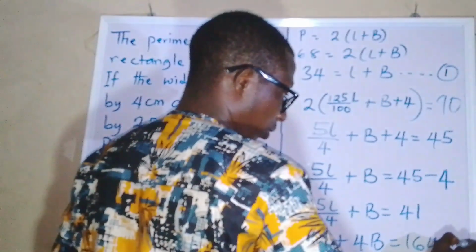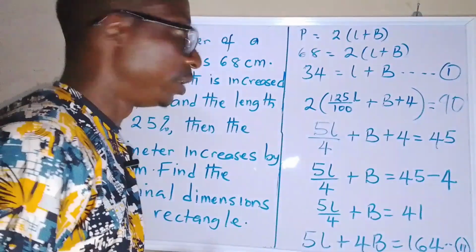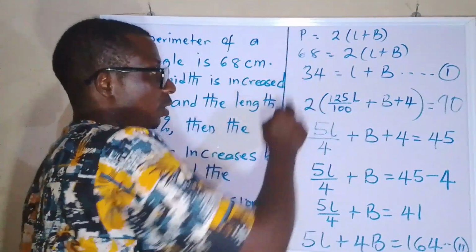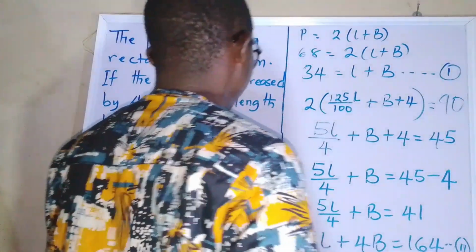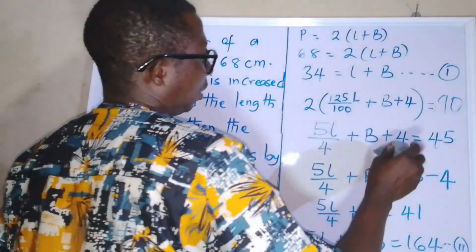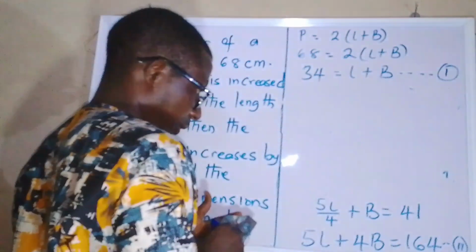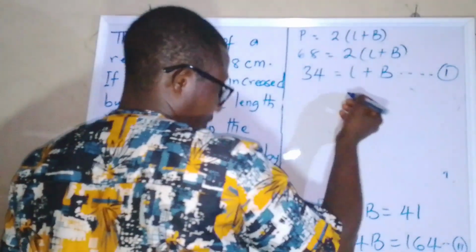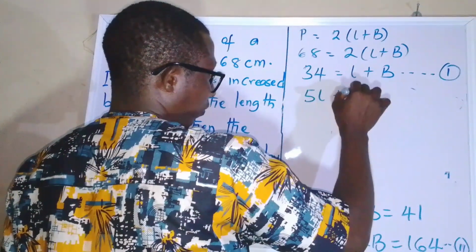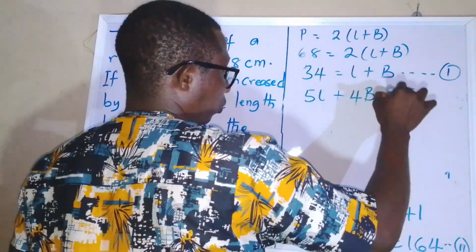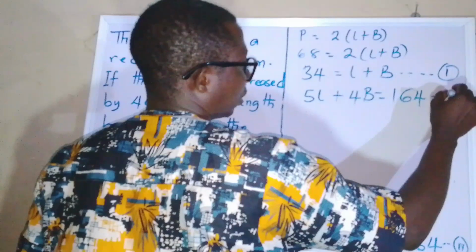So this is going to be equation 2. So what you need to do now is to solve these two equations simultaneously. The second equation is 5L plus 4B equals 164.